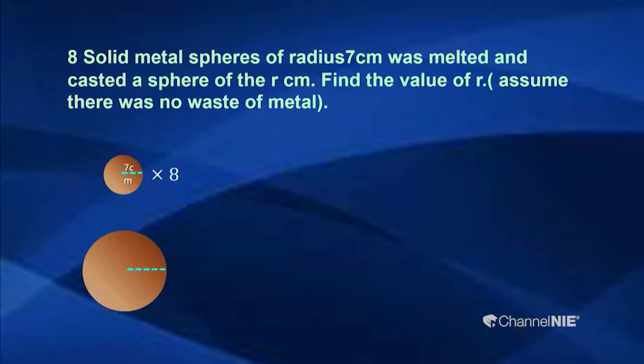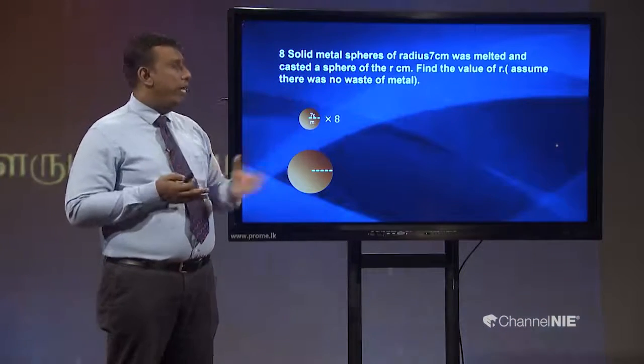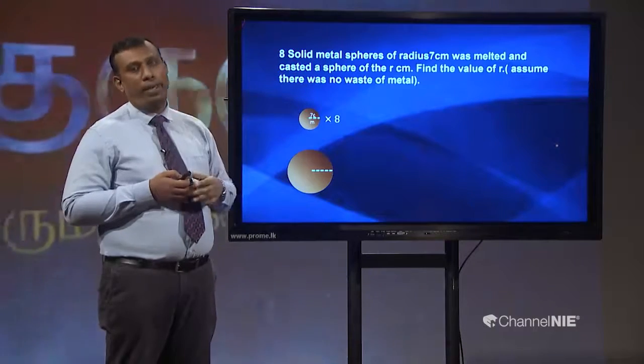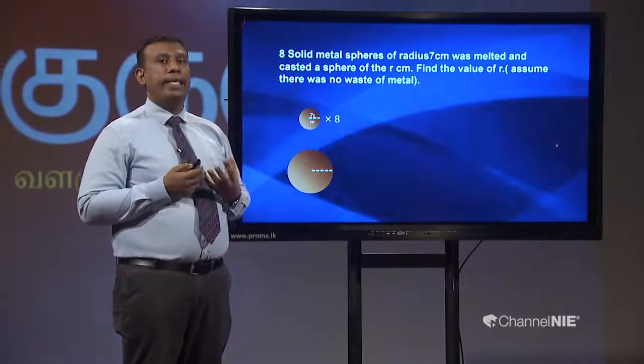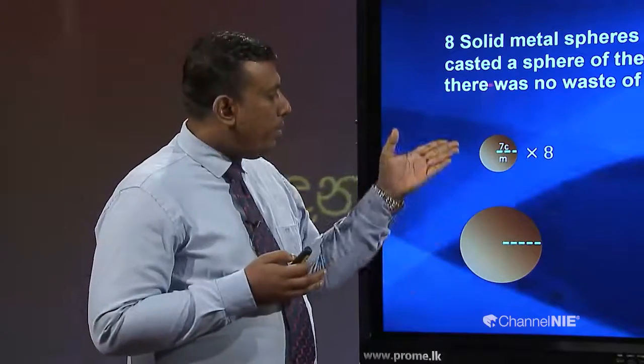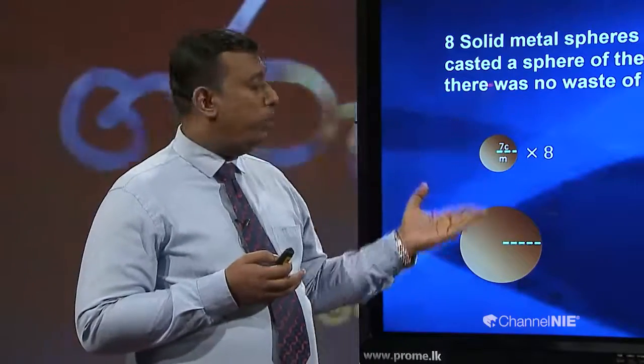Then you can suggest a method. They have given us a hint. What is the hint? Assume there was no waste of metal. So that is the hint they gave us to do this question. Then you can apply that to find the answer.